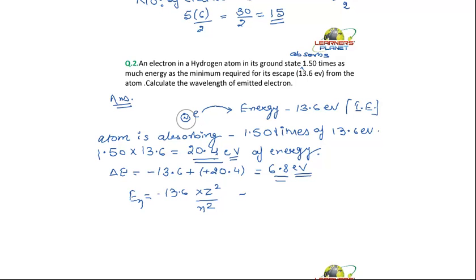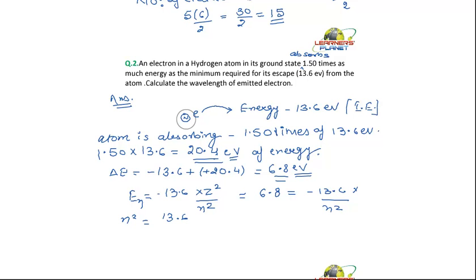So En is 6.8 electron volts, so 6.8 is equal to minus 13.6 into Z square, that is 1 square, upon n square.